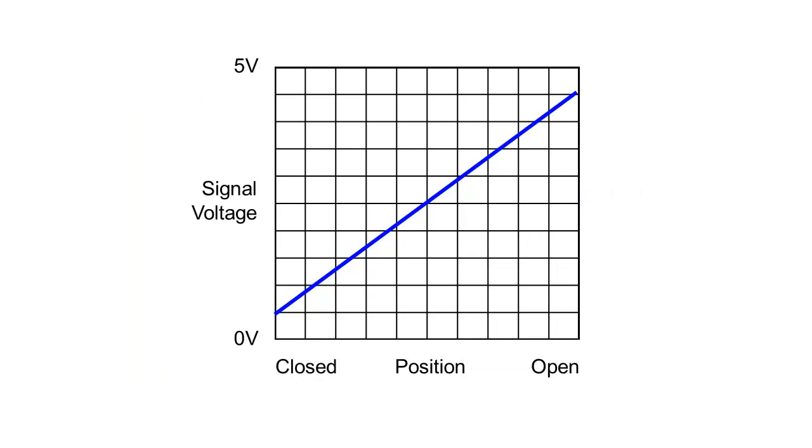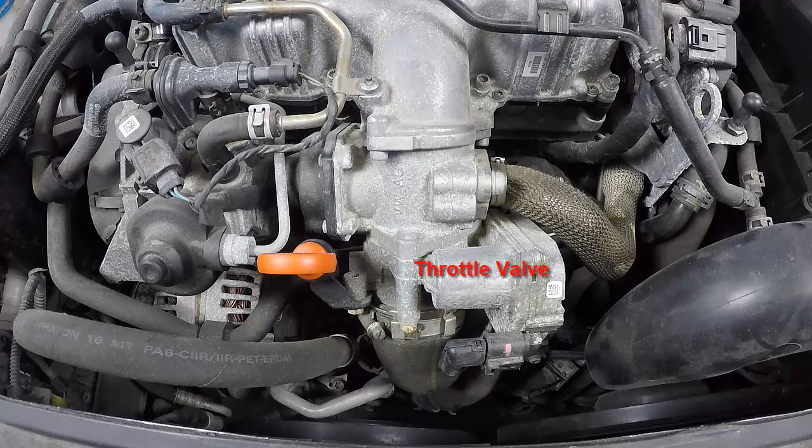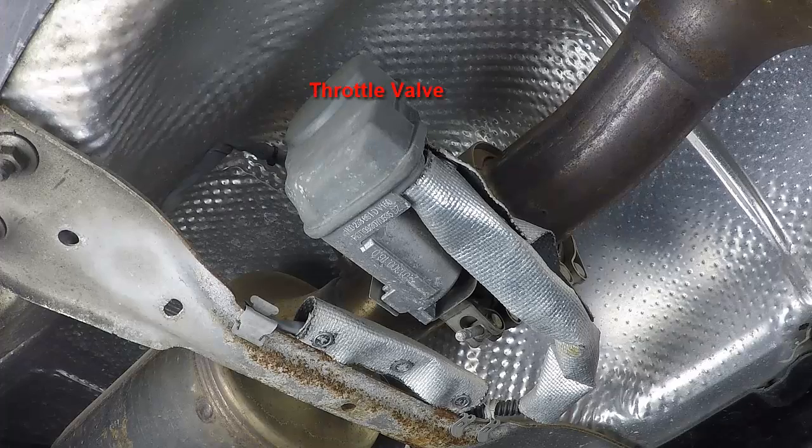The valves are frequently open during testing, and a signal voltage of approximately 4.35 volts is common. This is the throttle valve, and this is the exhaust throttle valve.